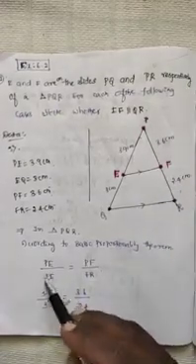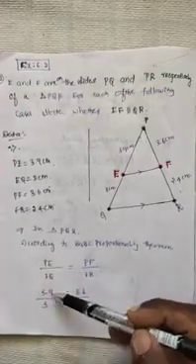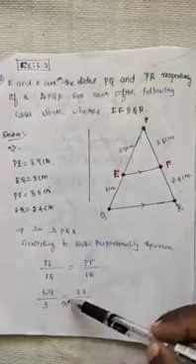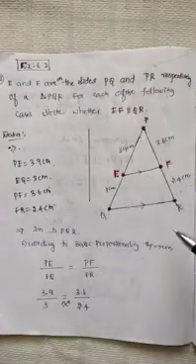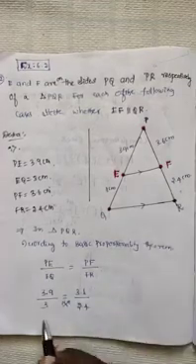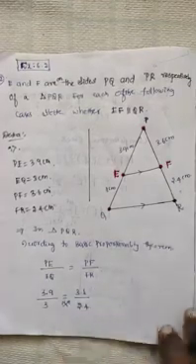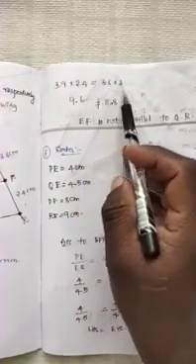By substituting the given values, PE is 3.9, EQ is 3, which should equal PF 3.6 and FR 2.4 centimeters. By cross multiplication we get 3.9 into 2.4 equals 3.6 into 3.